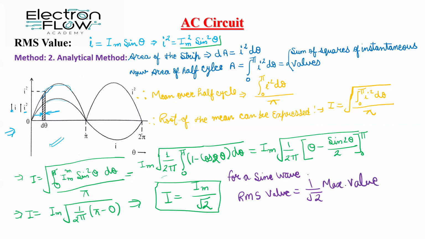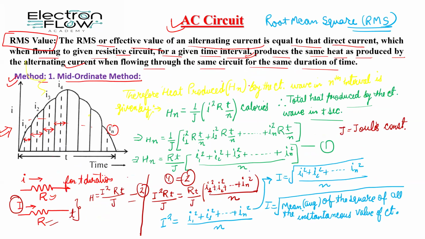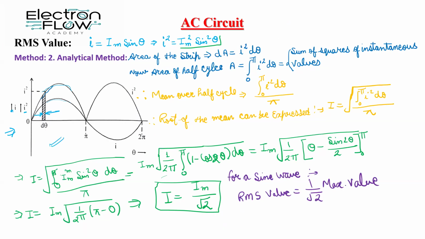This is a very important expression for the sine wave. It is to be noted that for a DC quantity, the average value and RMS value we can calculate with the help of the two methods discussed in the earlier lecture. First is the mid-ordinate method, and second is the analytical method.